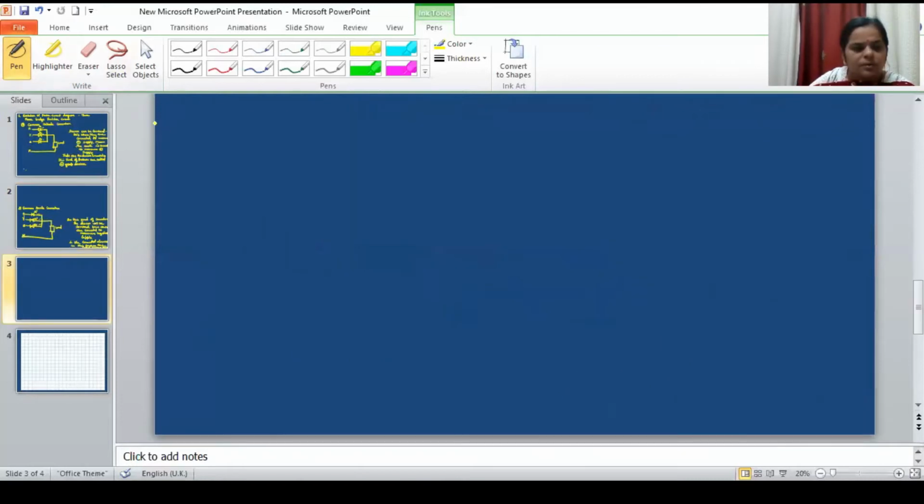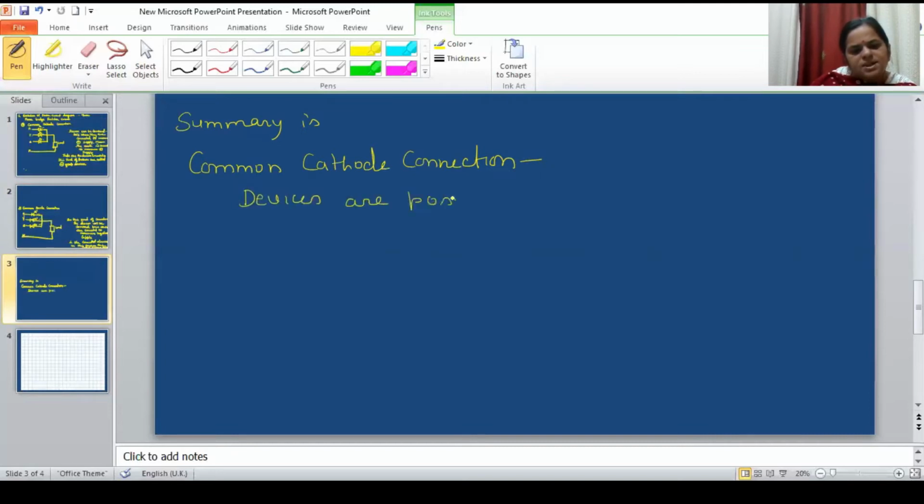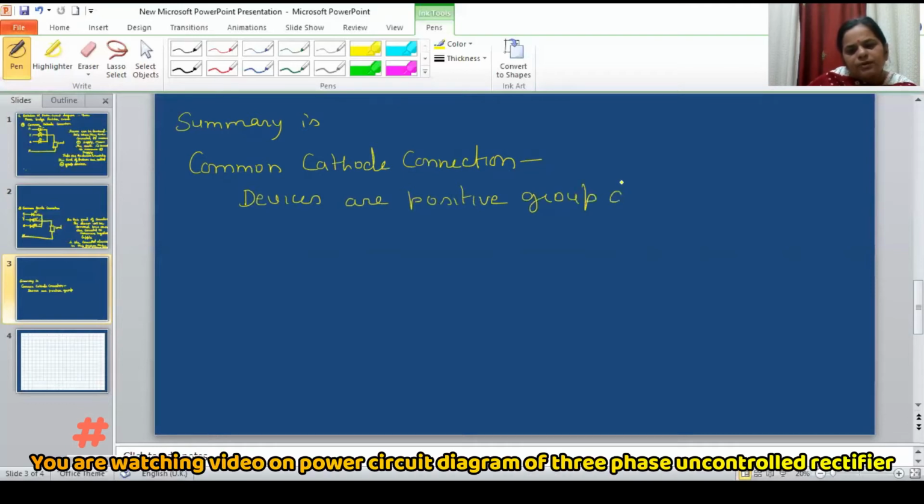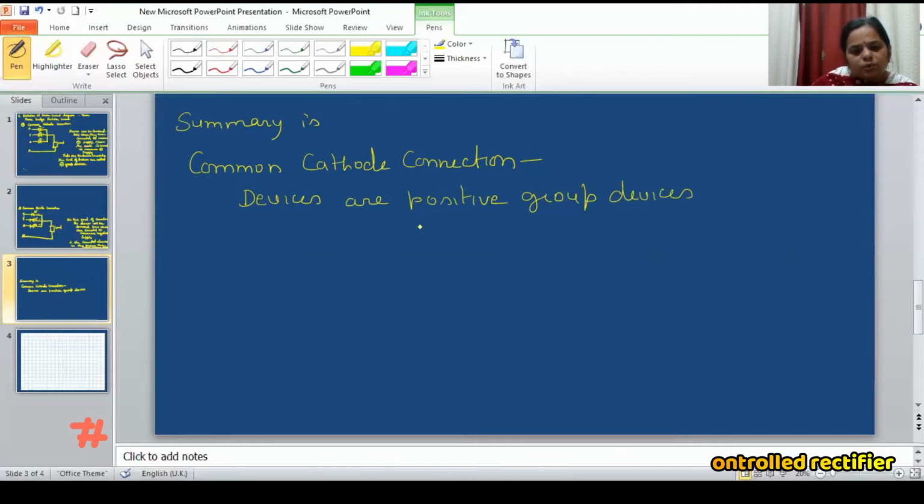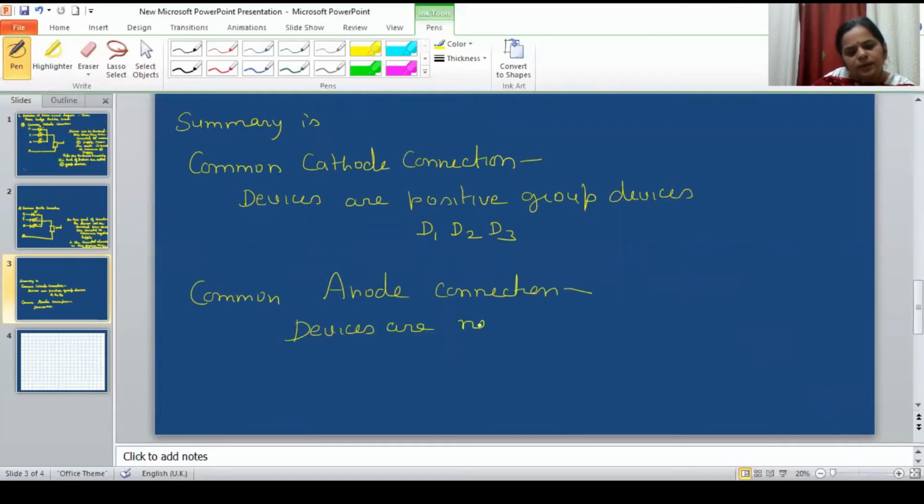Okay, so the summary is: in a common cathode connection, the devices are positive group devices. So what are the positive group devices? D1, D2 and D3. Whereas in a common anode connection, the devices are negative group devices, and they are D1 dash, D2 dash and D3 dash.